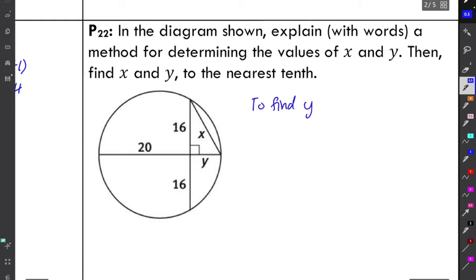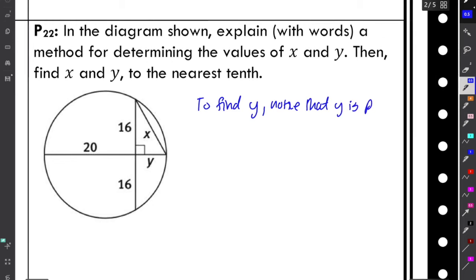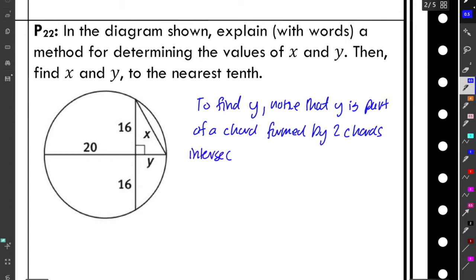Notice that y is part of a chord formed by two chords intersecting inside the circle.